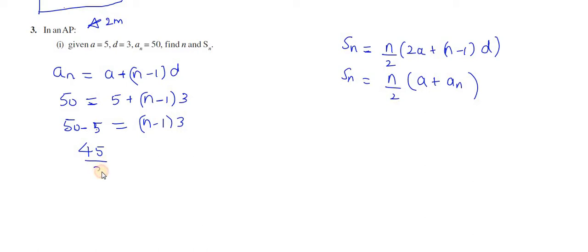So divided by 3 is equals to n minus 1. 45 divided by 3 is nothing but 15, which is equals to n minus 1. So 15 plus 1 is equals to n. Therefore n is equals to 16.